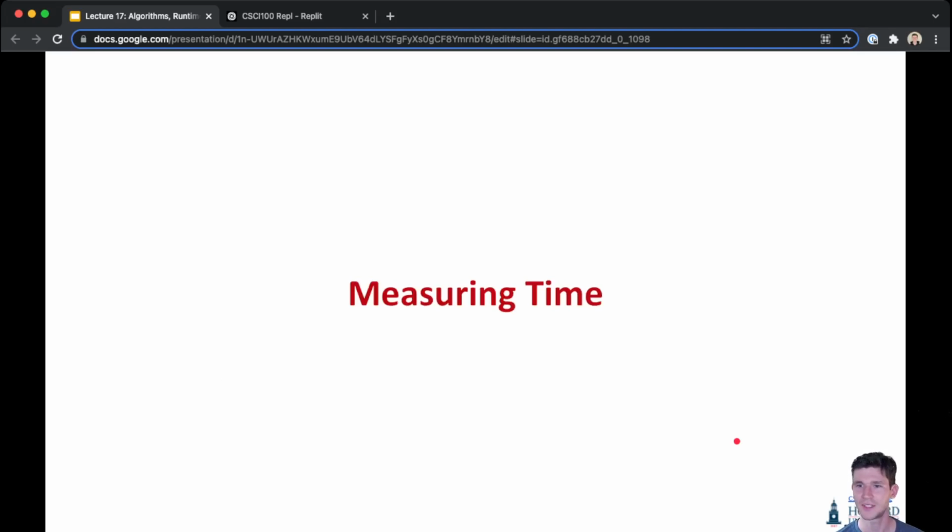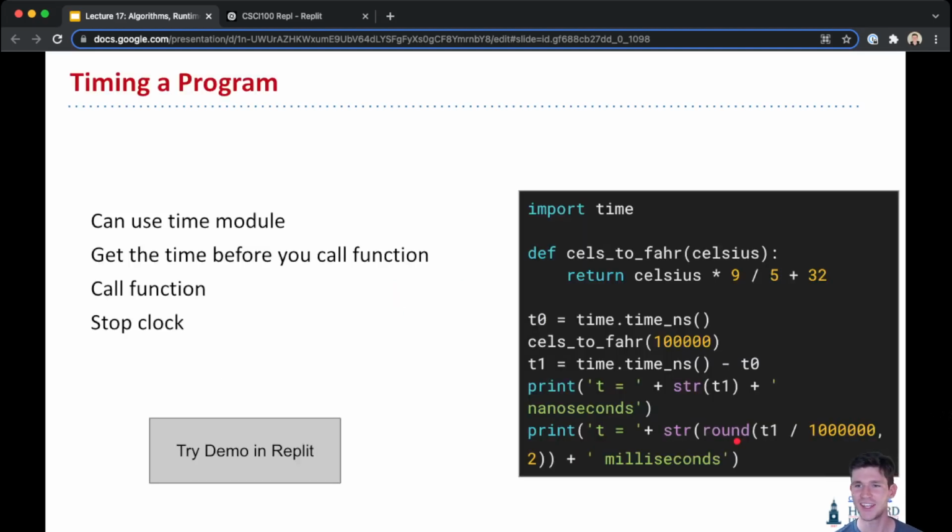So, measuring time with a timer. Actually not that hard. Python has a time module built in, and you can just import that time module. Then you define your function. You can grab the time right before you call your function, call your function, which has the algorithm in it, and then stop your clock right after.